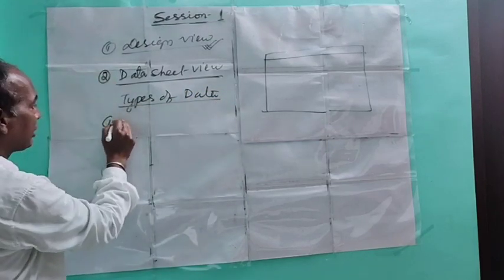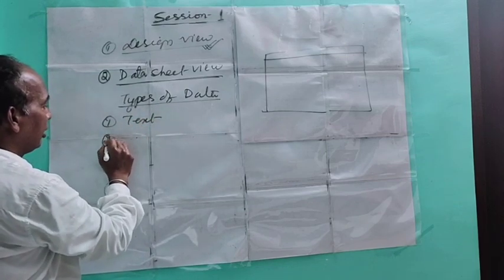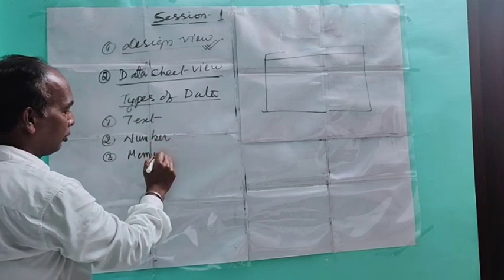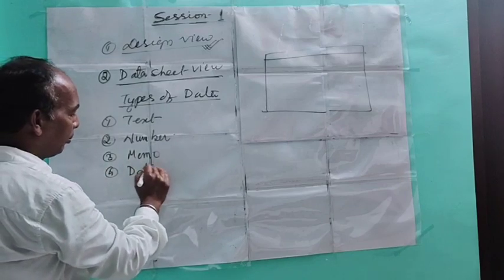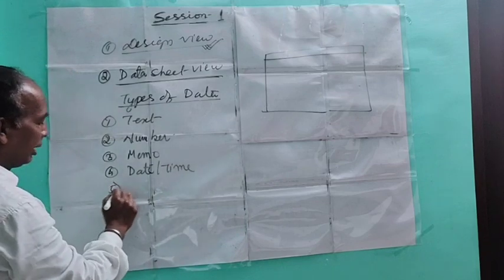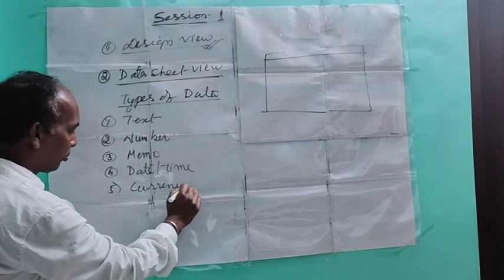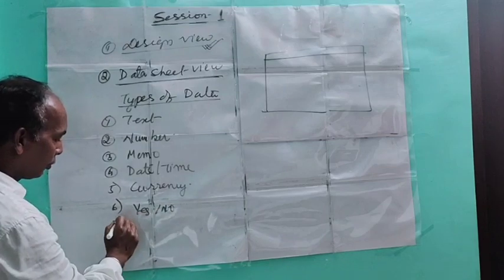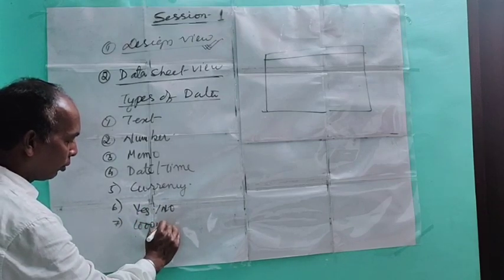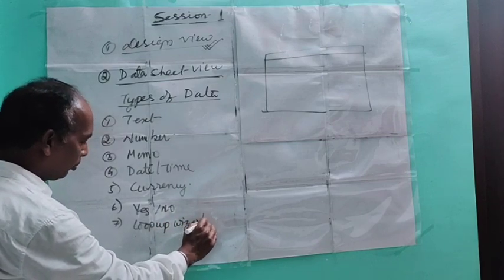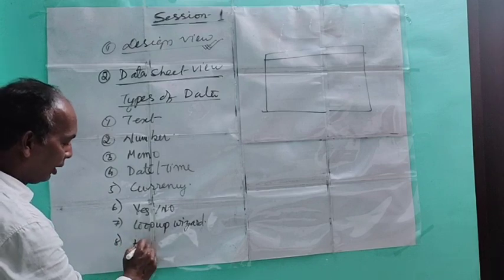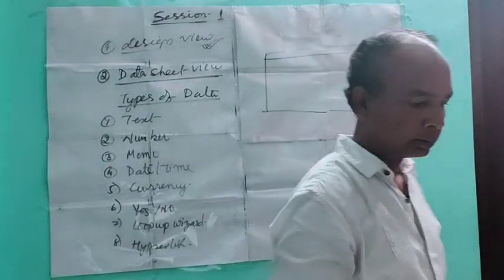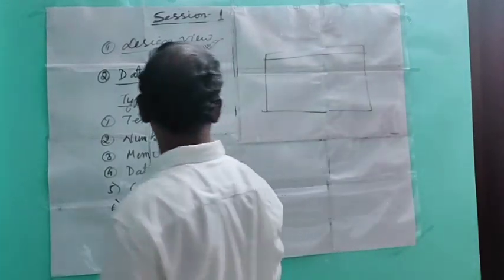The most important ones: the first one is text, then number, memo, date and time, currency, yes/no field, lookup wizard, hyperlink, and another one is auto number.